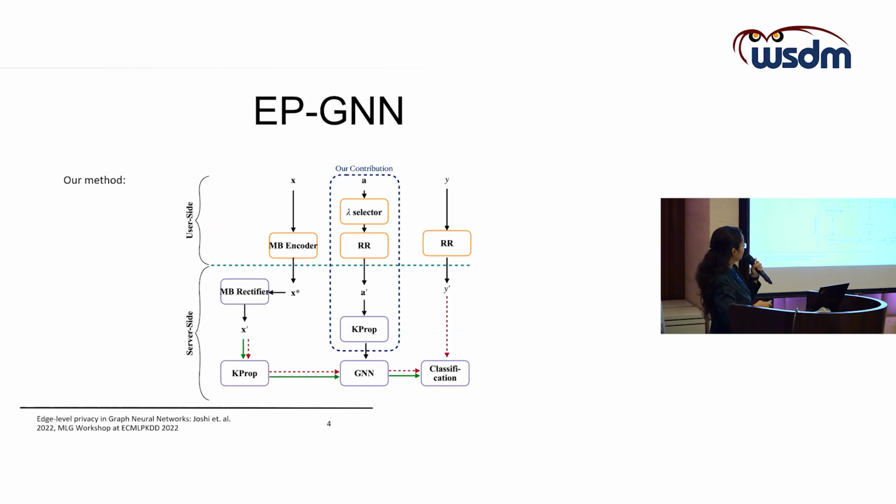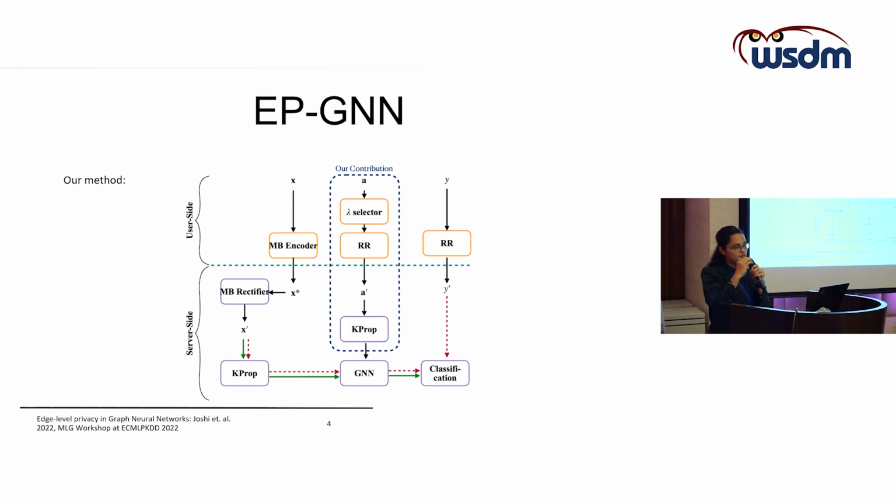And what we proposed was how we can privatize the neighborhood information. The node feature information is privatized using a multibit encoder, and it's rectified using a multibit rectifier. Then they apply KProp onto that. KProp is basically a GNN layer without any non-linearity, so we just aggregate over the neighborhood, and then it is passed to a GNN.